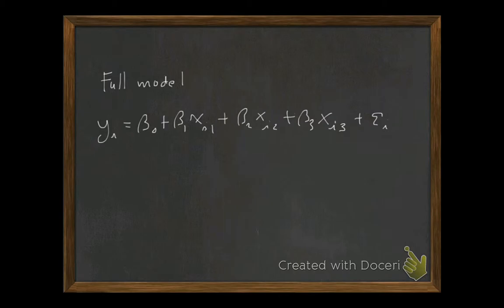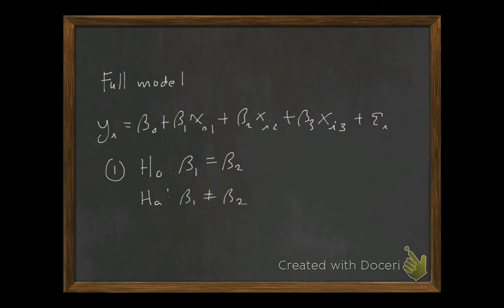Now, let's consider a couple situations. What if we wanted to test whether, for example, beta 1 is equal to beta 2? We want to test it over the obvious alternative hypothesis.